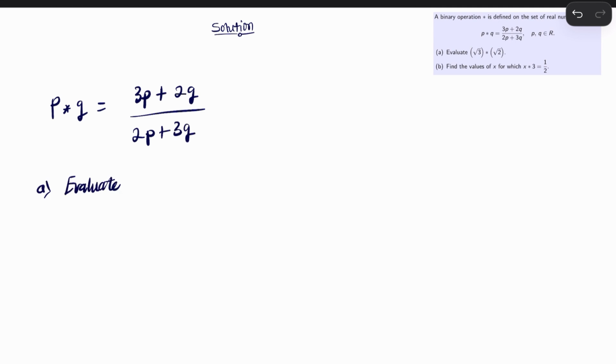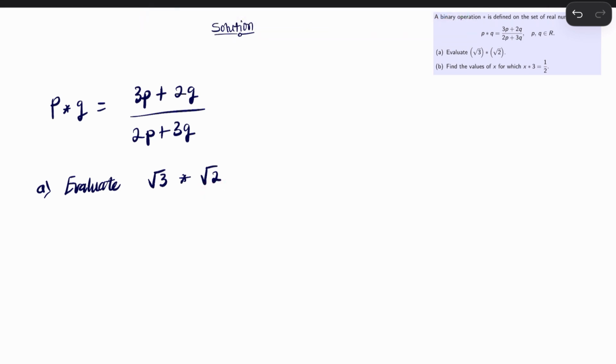Solution. Here we have P star Q defined to be 3P plus 2Q divided by 2P plus 3Q. The first question says evaluate the square root of 3 star the square root of 2, right? And so here P is going to be the square root of 3 and Q is going to be the square root of 2. Wherever we see P in this expression, we substitute the square root of 3, and wherever we see Q, we substitute the square root of 2.